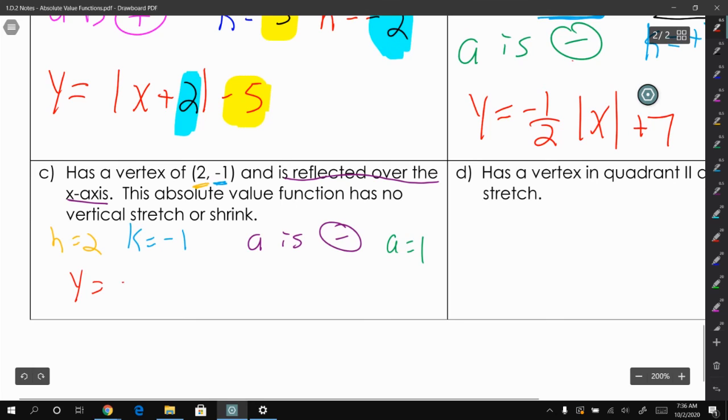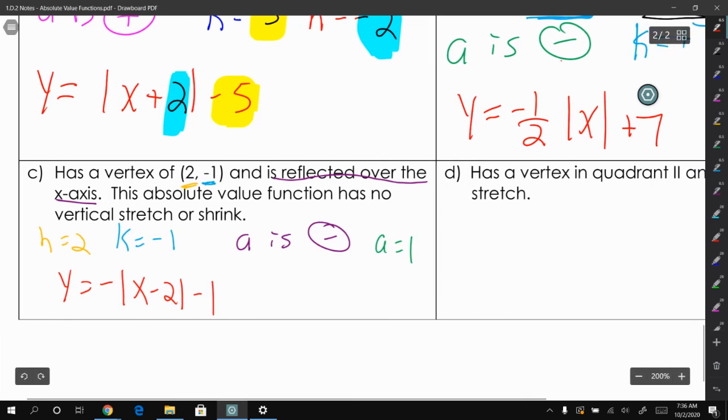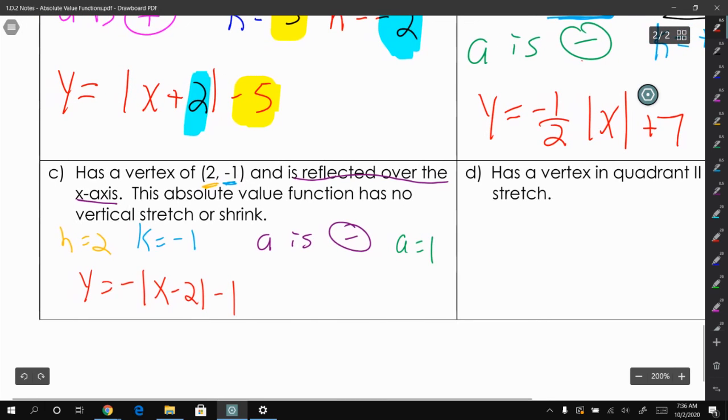So y equals negative absolute value of x minus 2, minus 1. So you really need to know or have the parent function or the standard form of our absolute value equation either written down everywhere or memorized so that you can see where these values go into that function.